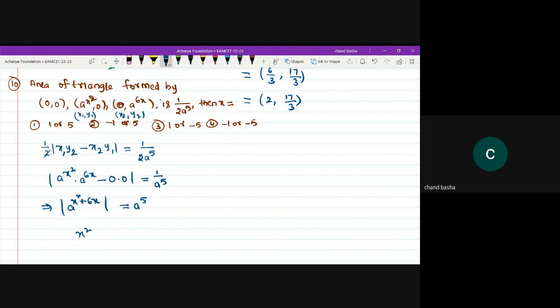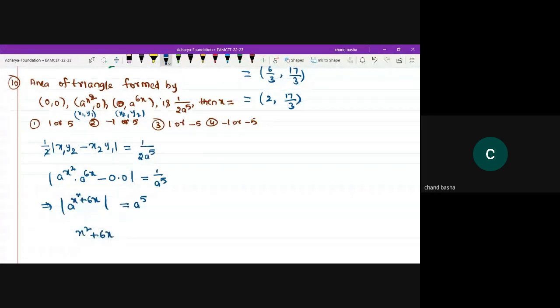We can take x square plus 6x is equal to 5. Is it minus 5 or plus 5? We take x square plus 6x minus 5 is equal to 0.